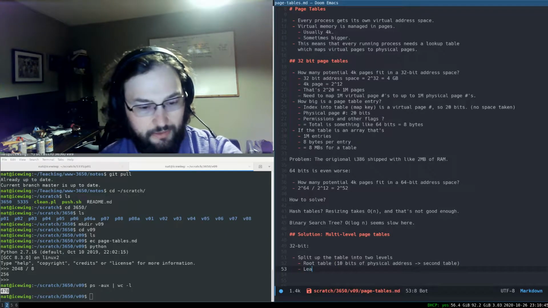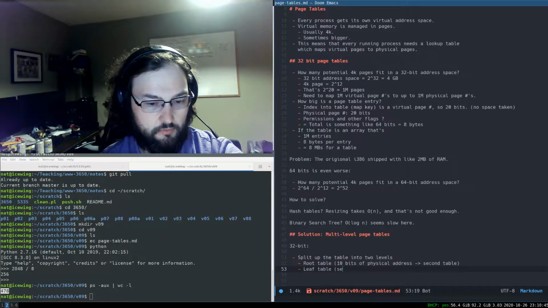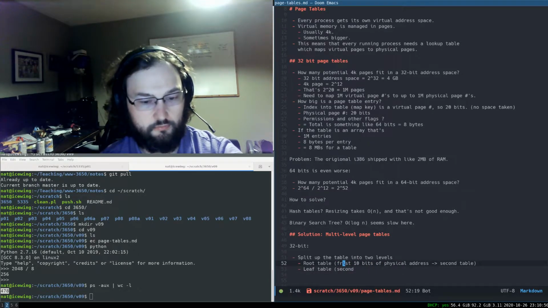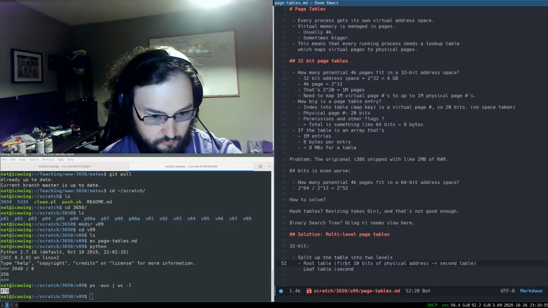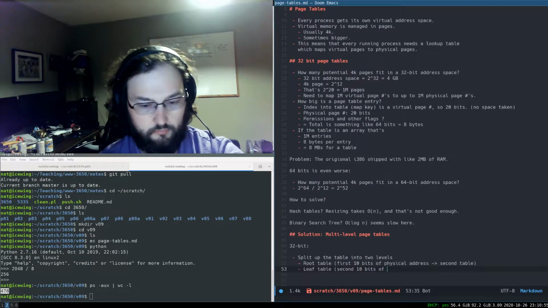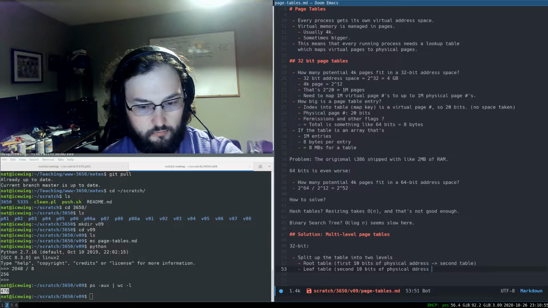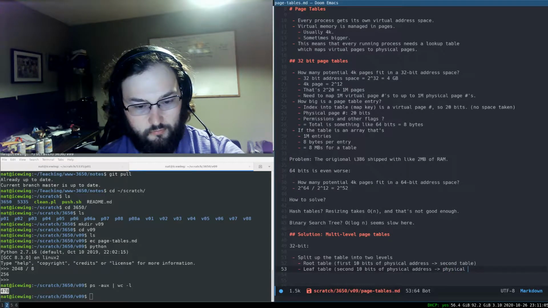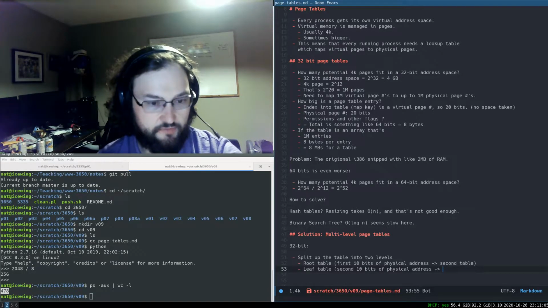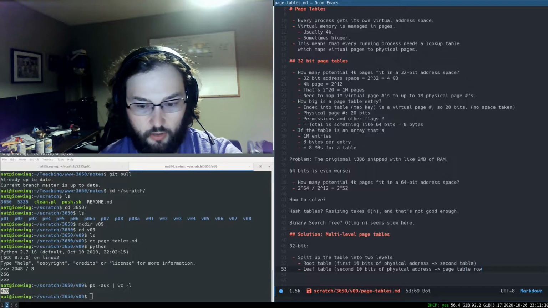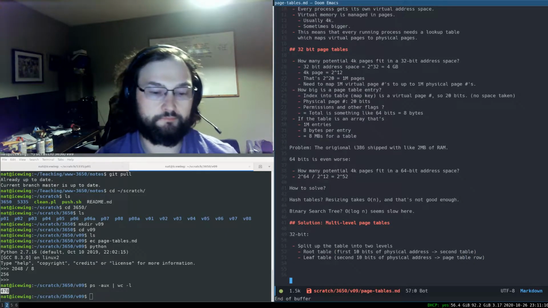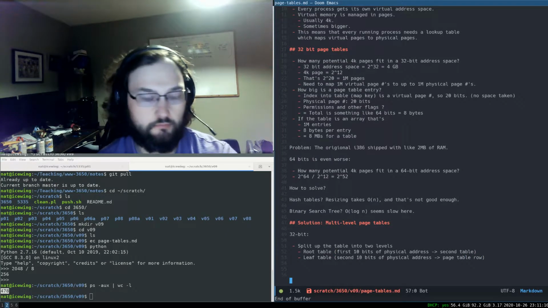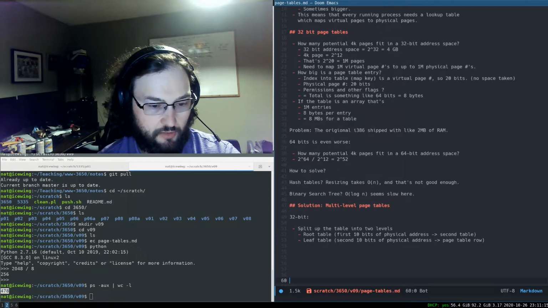And then we're going to have a leaf table. Well, this gives us the page table row, the actual page table entry.